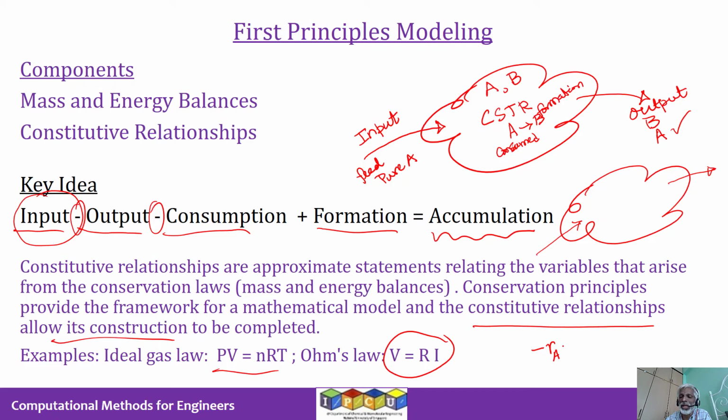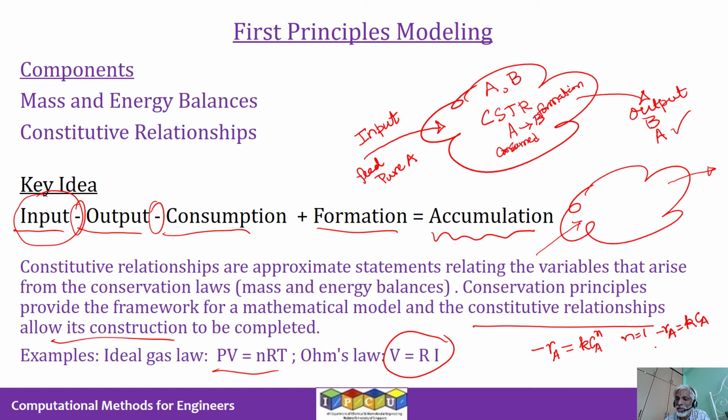So -rA is equal to, let's say, k CA to the power of n in general. n is called the order of the reaction. So if you choose n = 1, we get a first order reaction, or first order kinetics, which means -rA = k times CA.